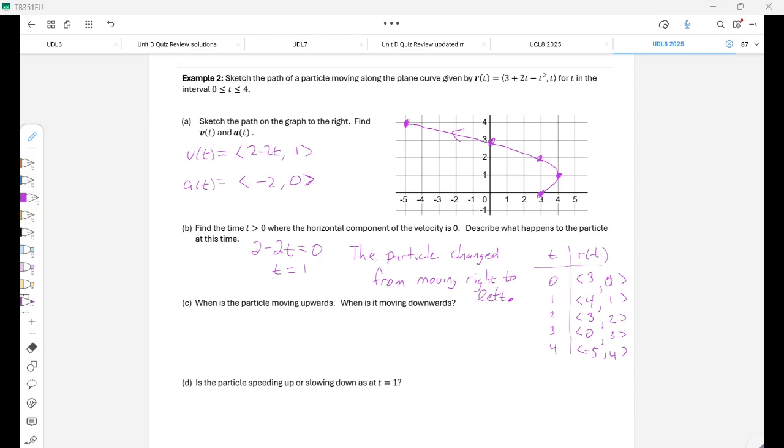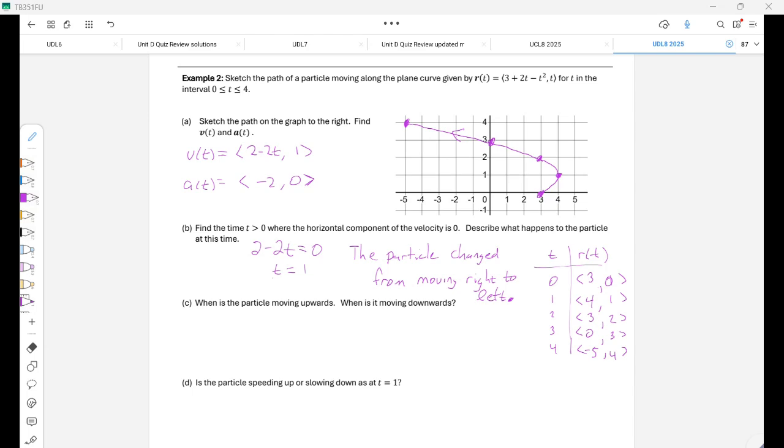I could also ask you the same things about the y. The reason this particle is moving up the whole time is, look at the y component. The y component is positive 1. This particle, if you don't care about its left or right, is moving at a constant speed up 1 unit per unit of time, 1 meter per second, there are no units here, but 1 meter per second, 1 inch per day, whatever the units are.